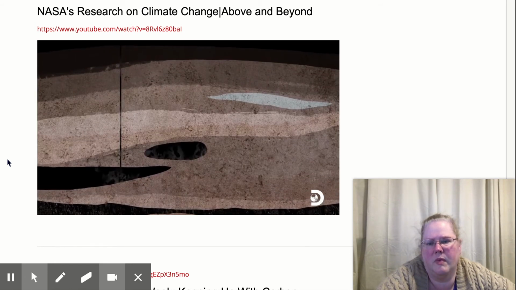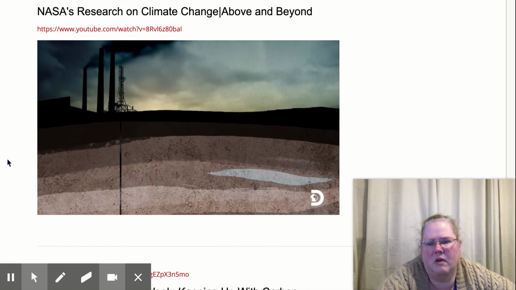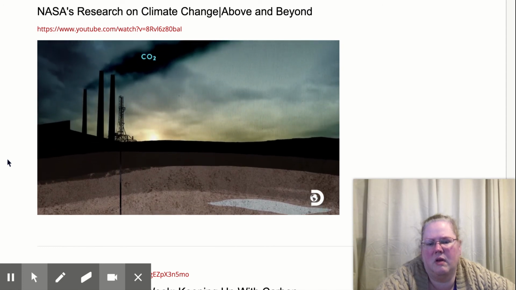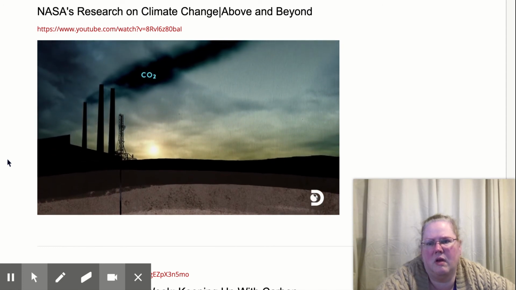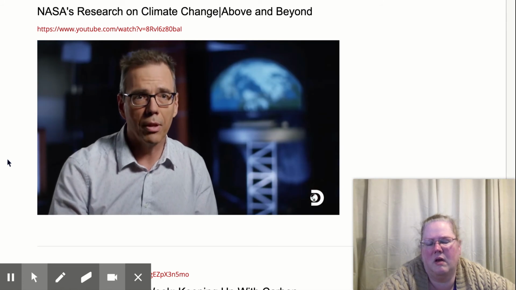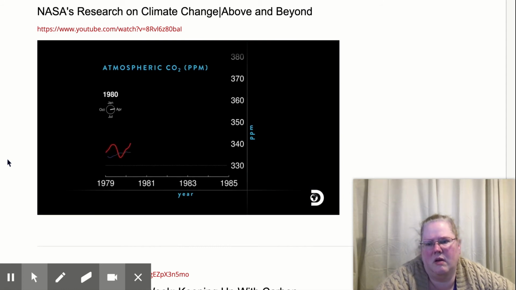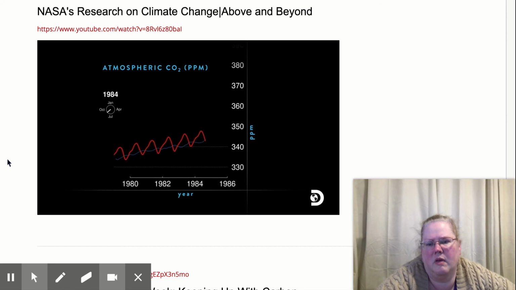The burning of fossil fuels, whether it's coal, oil, or natural gas, has released this very, very old carbon back into the atmosphere a lot faster than the oceans and the plants on the land can take it out of the atmosphere. It's bit by bit moving the curve up.